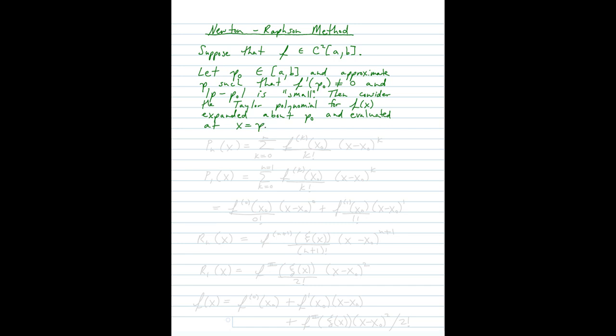Okay, so the nth degree Taylor polynomial is given by the expression P sub n of x is equal to the sum from k equals 0 to n of the kth derivative of f evaluated at x naught over k factorial times (x minus x naught) to the k.